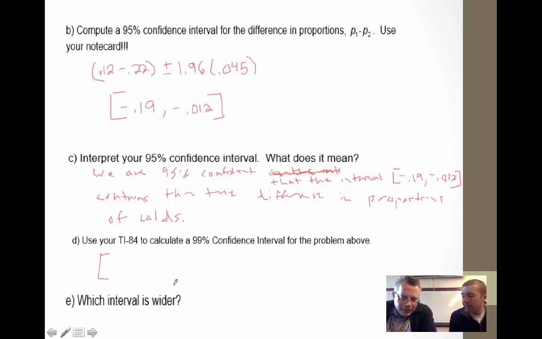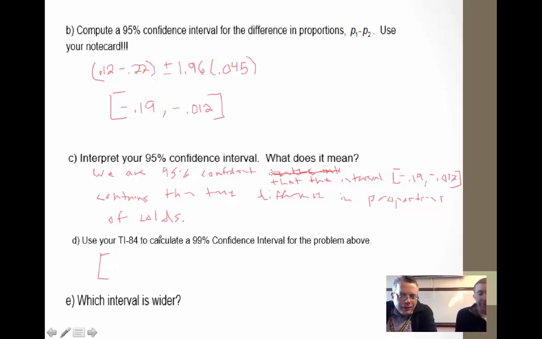So X1 is 17. What was X2? I believe it's 31 out of 140. We want a 99% confidence interval.